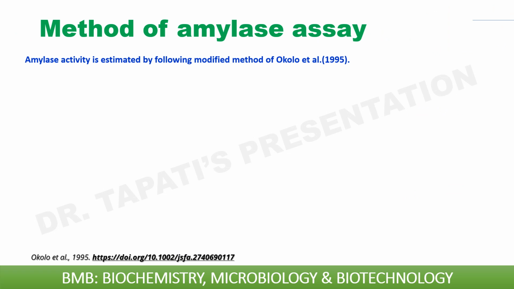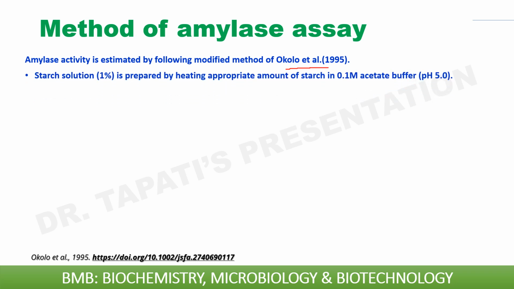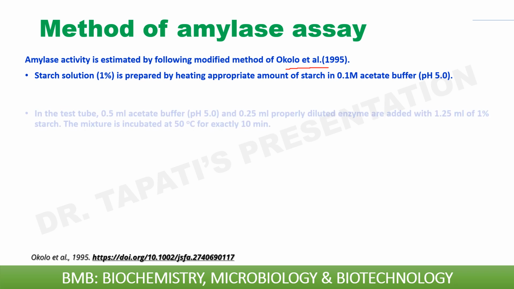Let's know the method of alpha-amylase assay. Alpha-amylase activity is estimated by following the modified method of Okolo et al., 1995. In this case, 1% starch solution is prepared by heating an appropriate amount of starch in 0.1 molar acetate buffer at the optimum pH of alpha-amylase.